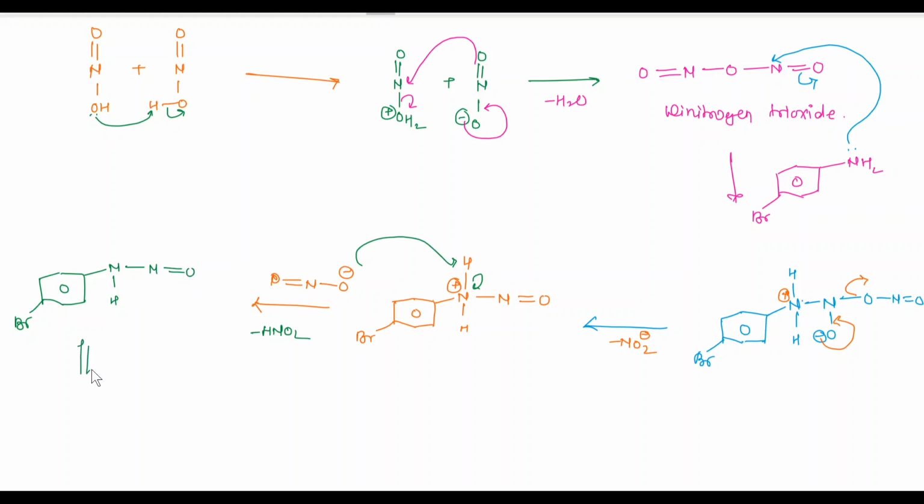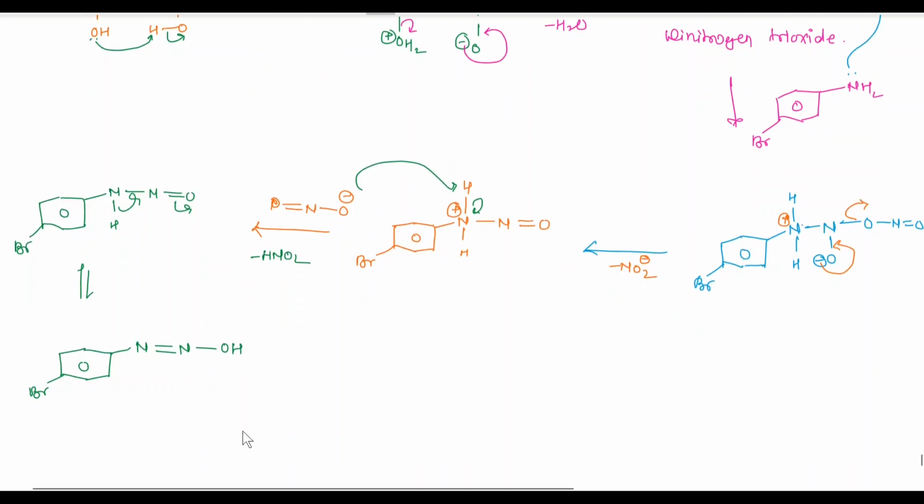In the next step, tautomerization takes place, and this hydrogen is shifted onto the oxygen atom, and we get nitrogen double bond nitrogen bond oxygen bond hydrogen.